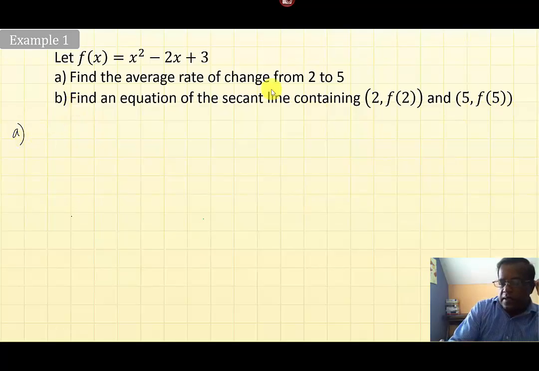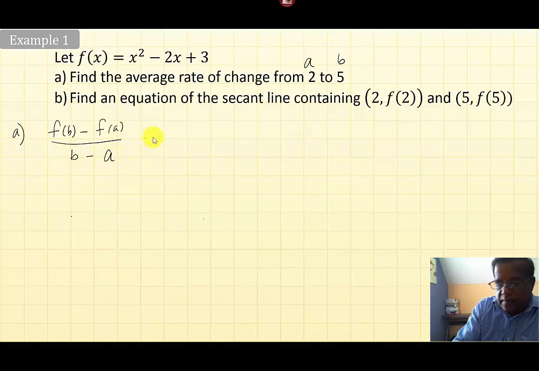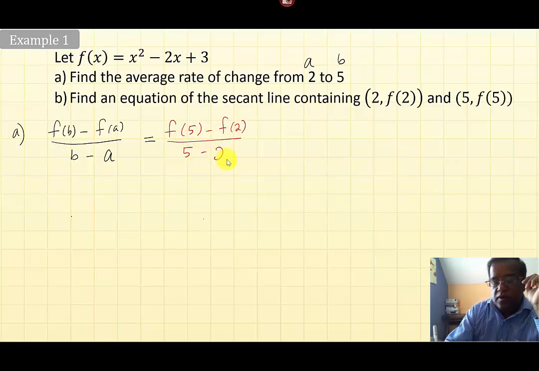We know the average rate of change from a to b is given by this formula, f(b) minus f(a) over b minus a. So this is clearly equal to f(5) minus f(2) over 5 minus 2.